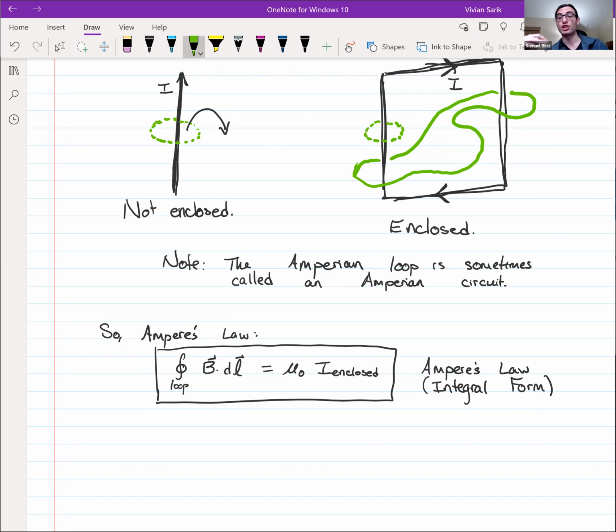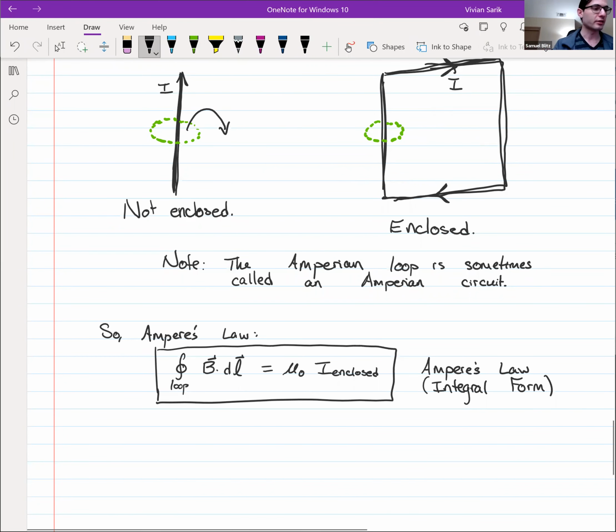So just like you have to choose the appropriate Gaussian surface, in this case, you can yoink that out. So the enclosed current is 0, and you could probably imagine why, because you have current going up and current going down. But it's true for any loop. So you have to choose the appropriate loop to aid your calculational purposes for whatever you're interested in.